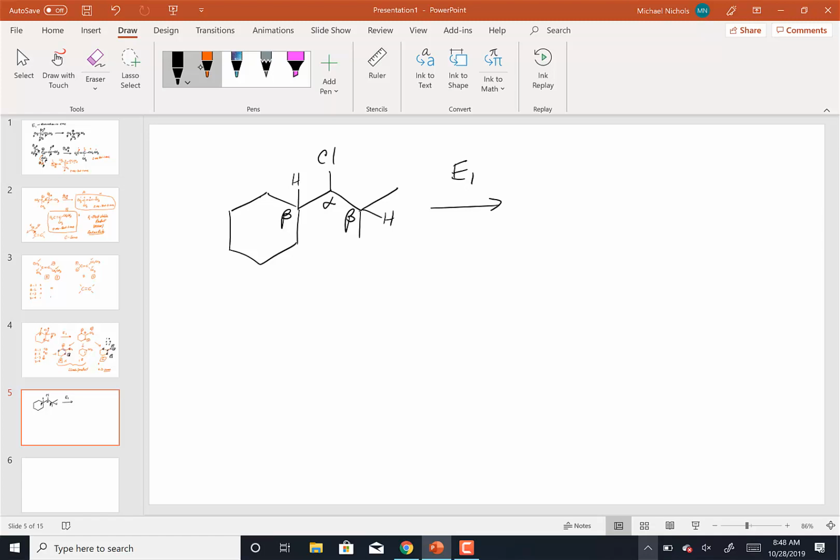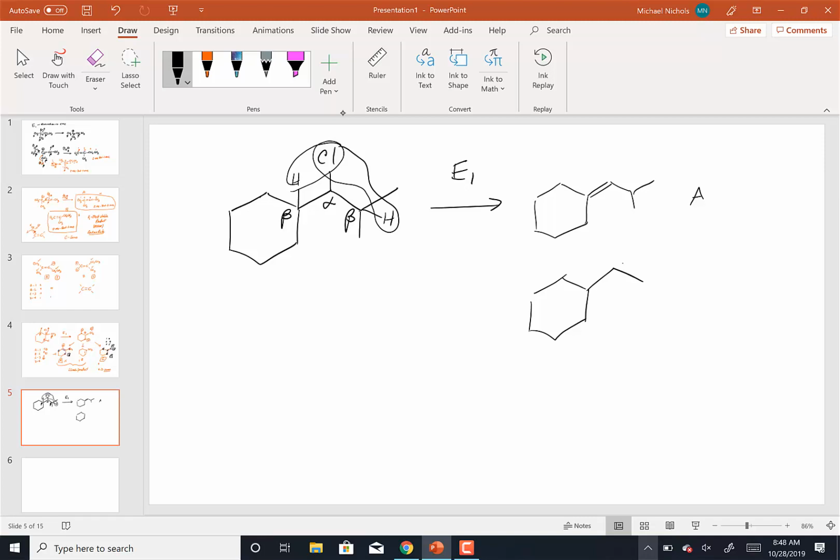It looks like there's just 1 hydrogen, so there is 1, 2, 3 carbons, so that one has 3 alkyl groups attached to it. How about the double bond over here in product B? How many alkyl groups there? 3? Okay, so again, 1, 2, 3 with 1 hydrogen.